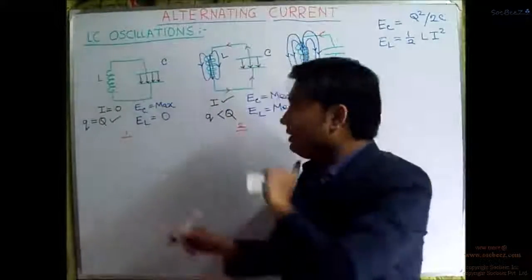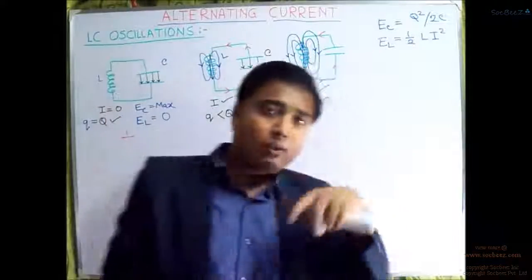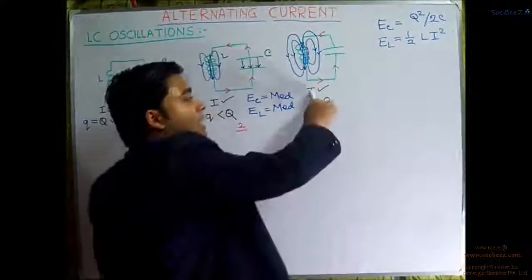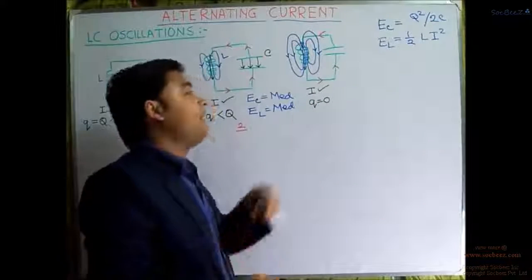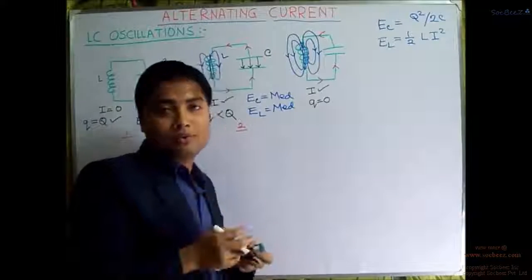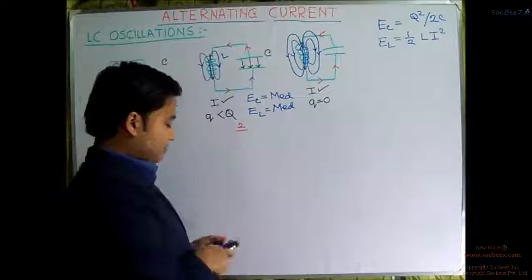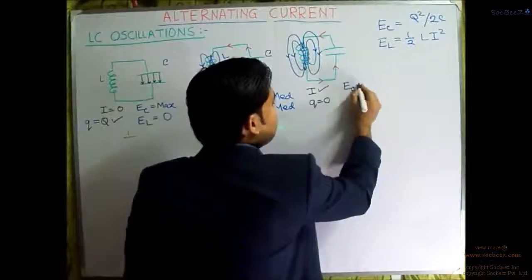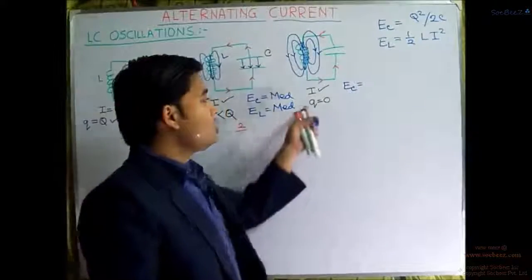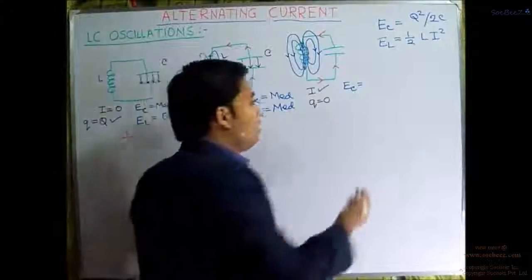Observe, first of all, I was equal to 0, but there was capital Q. Now it changed such that I is maximum, and Q has become 0, right? So we can say that the energy of the capacitor now, there is no Q, EC will simply be equal to 0.